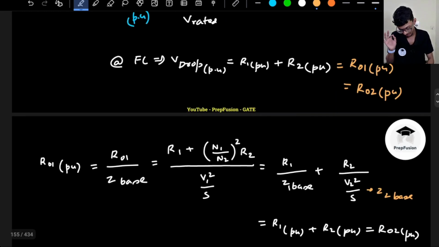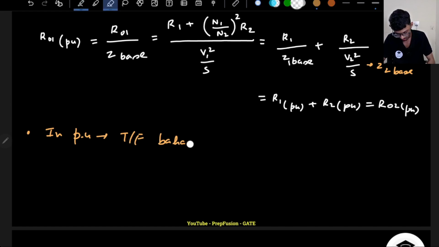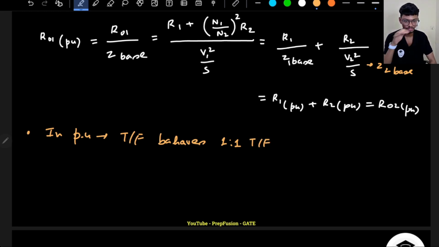Okay, so basically conclusion is, in per unit, transformer behaves as a 1:1 turns ratio. Transformer behaves as 1:1 transformer. Doesn't matter what is the turns ratio of the actual transformer, but in per unit, the transformer behaves as a 1:1 transformer.